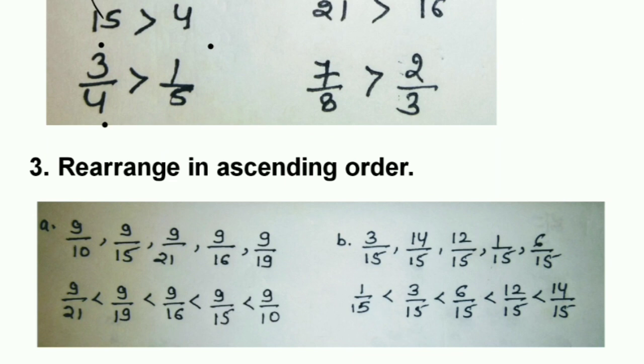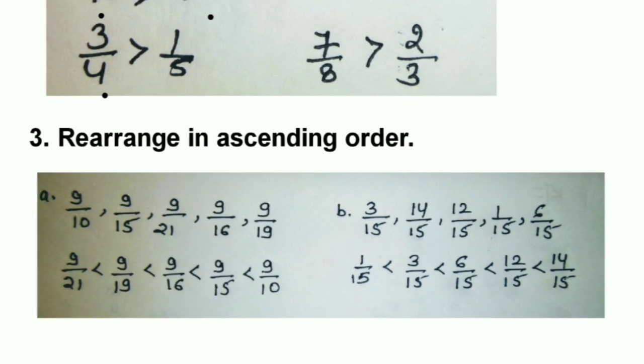First question, 9 upon 10, 9 upon 15, 9 upon 21, 9 upon 16 and 9 upon 19. In this one, for the example we saw, we rearranged the fractions in decreasing order. Here it is increasing order.